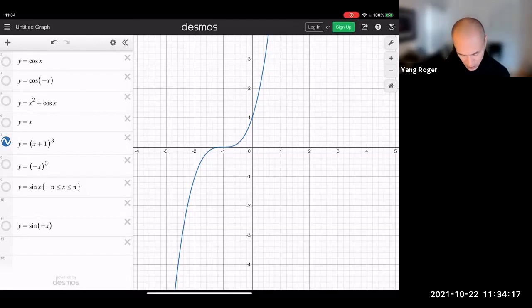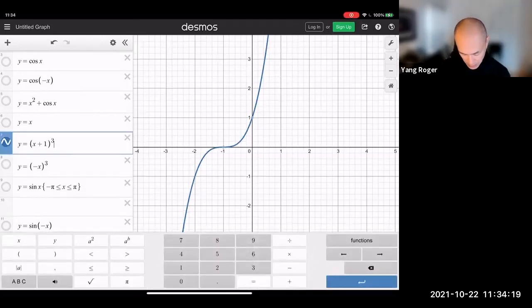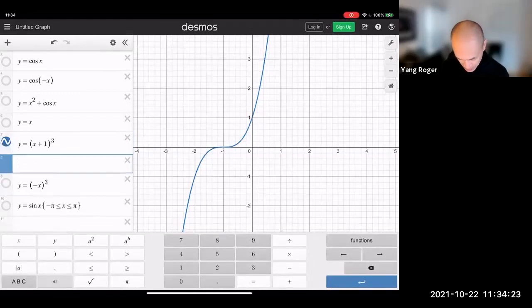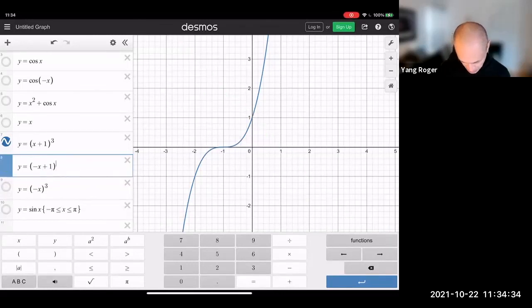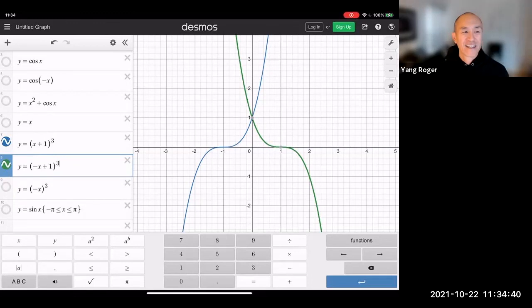Okay, so I guess if I replace this with a negative x, it would look like this. y equal to parentheses negative x +1 close parentheses raised to the third power. So it doesn't look like the original graph rotated 180 degrees. It looks like something weird. Okay.